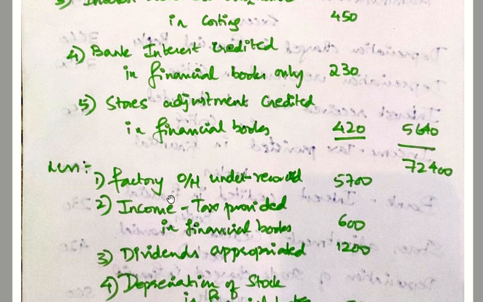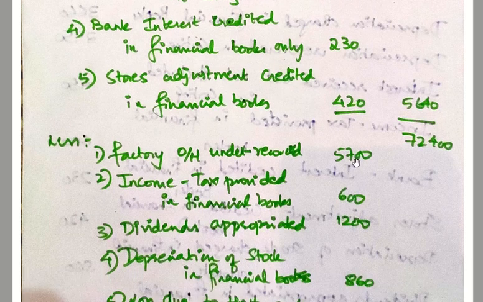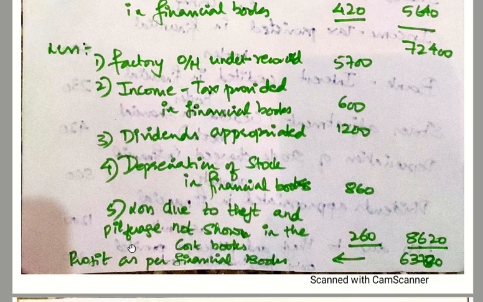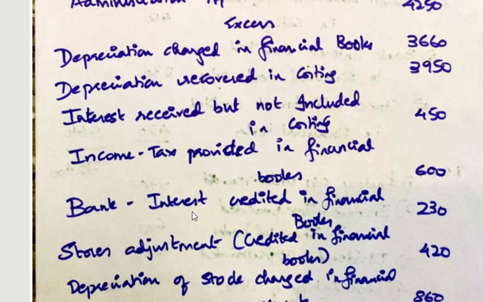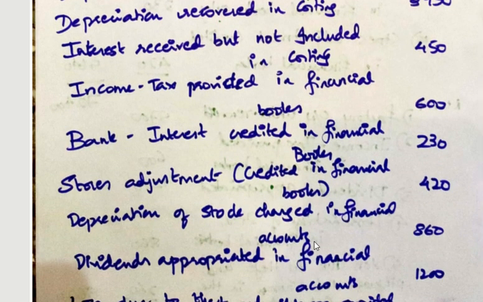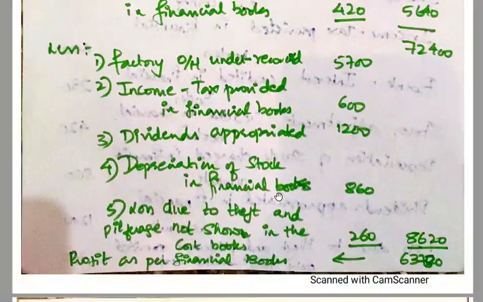When you total it up with your profit as per cost account, you get 72,400. Now you minus factory overheads under recovered 5,700. Income tax provided, which is an expense, 600, you will minus it. Dividends appropriated, which is a financial expense, which is 1,200. Depreciation of stock in financial books, which is 860. This is a different depreciation which they have given at the end of the question.